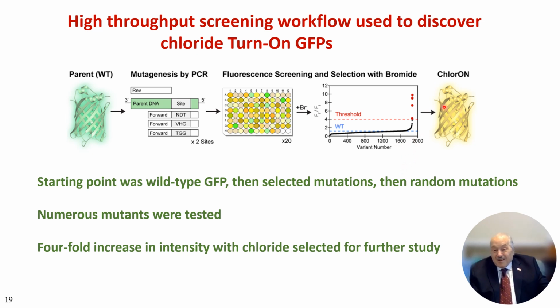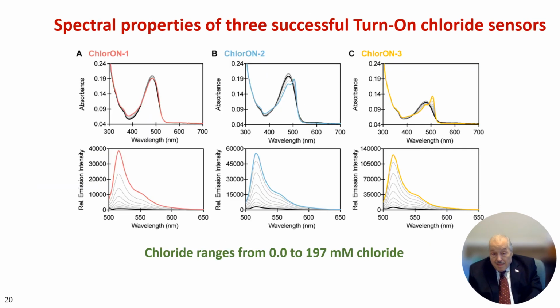They called that a chloride-on probe. So they set a threshold around 4, and numerous mutants were tested, and they found that certain ones displayed greater than a fourfold increase in intensity in response to chloride. So that's the exact opposite of what we've seen so far with the chloride quenching of yellow fluorescent protein.